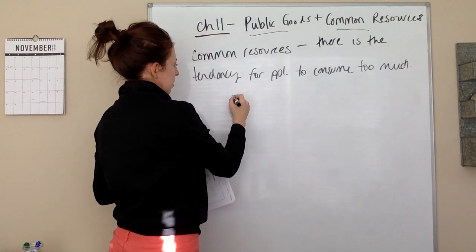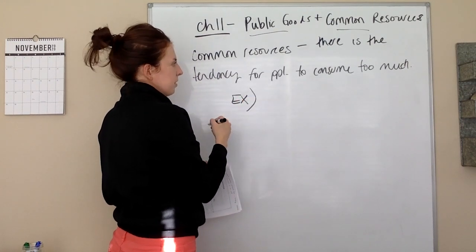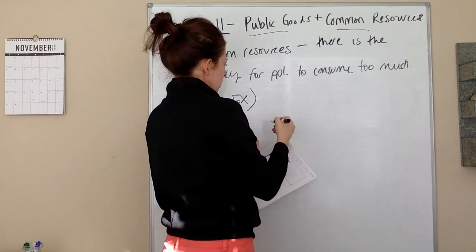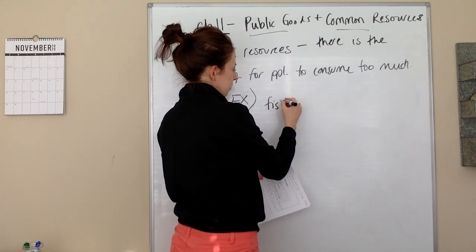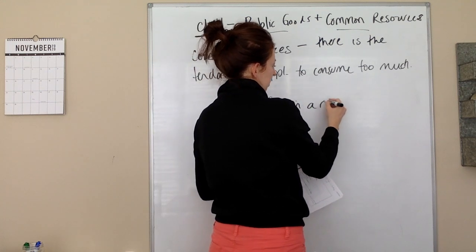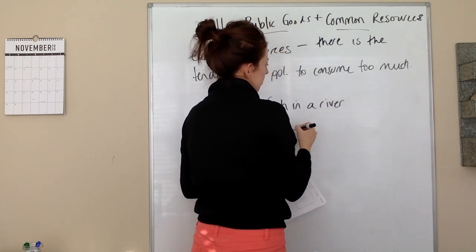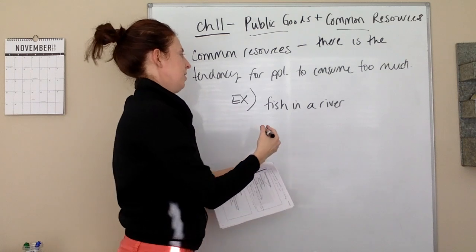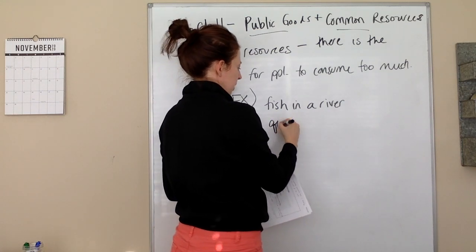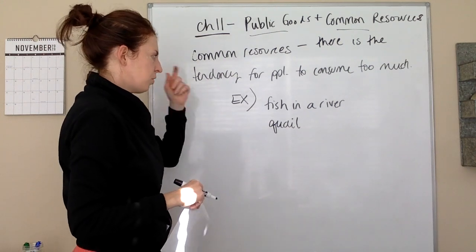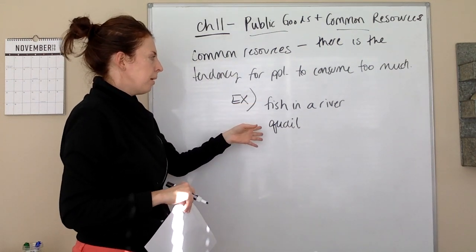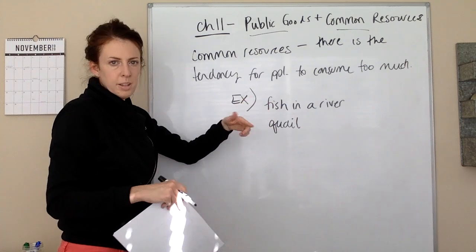Okay, so let me give you an example of a common resource so you can kind of see this. A couple of examples of common resources are fish in a river, and if you like to go hunting, then quail might be an example of a common resource. So the idea is for both fish in a river and quail, they're not excludable, they're just out in the open.